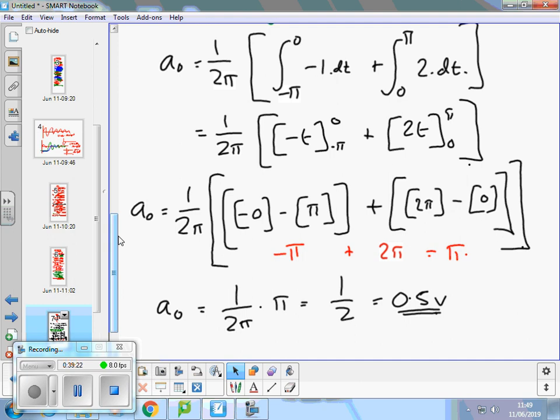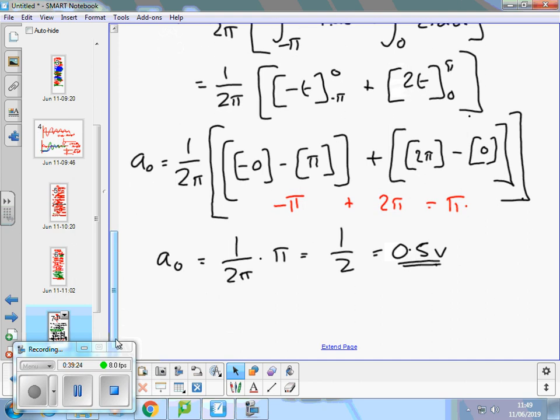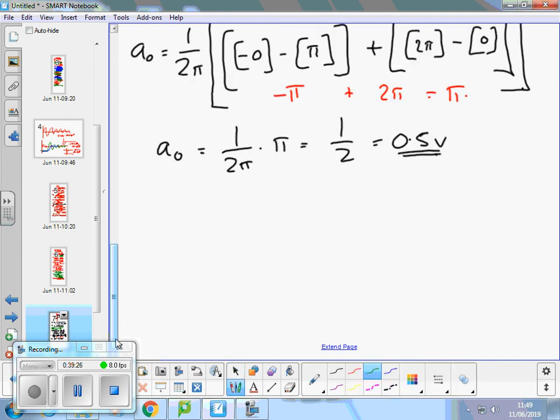Part C says, using Fourier series formulae and standard integrals provided, show that the series does not contain any cosine terms.